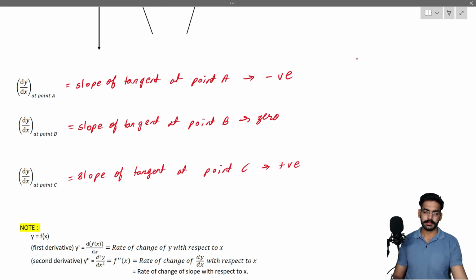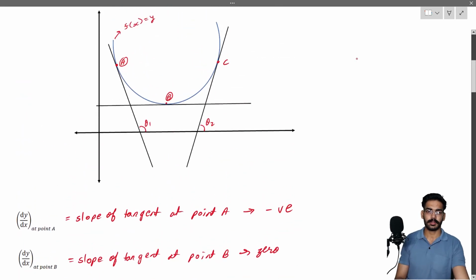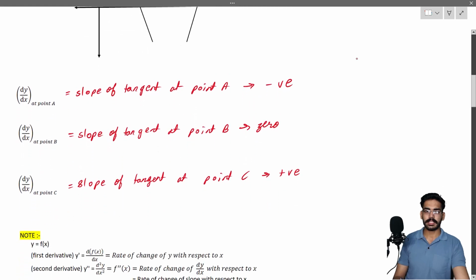Now understand this. At point A, x is low, then x increases, and then x increases more. So with increasing x value, what is dy by dx doing? dy by dx is first negative, then 0, then positive.